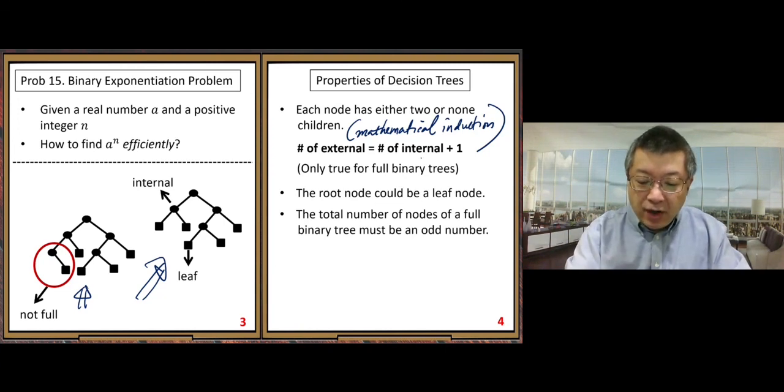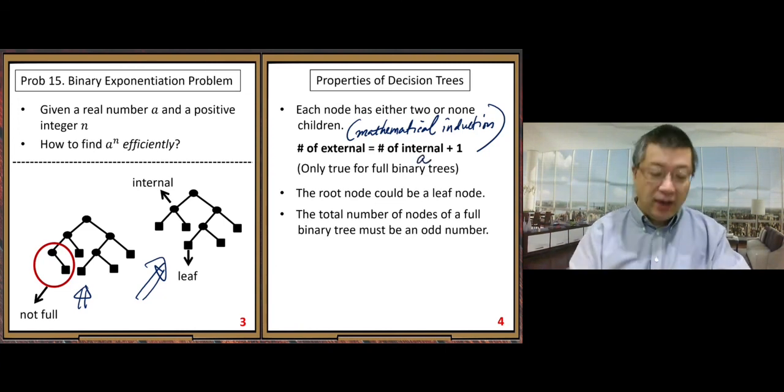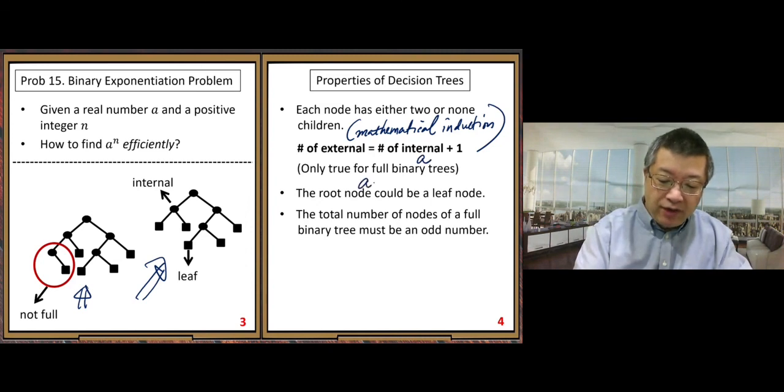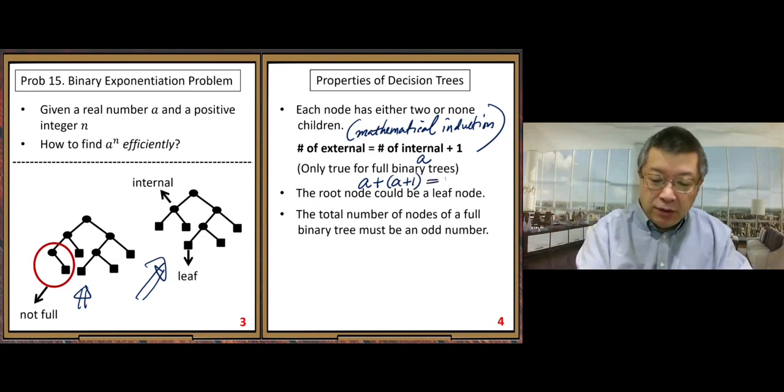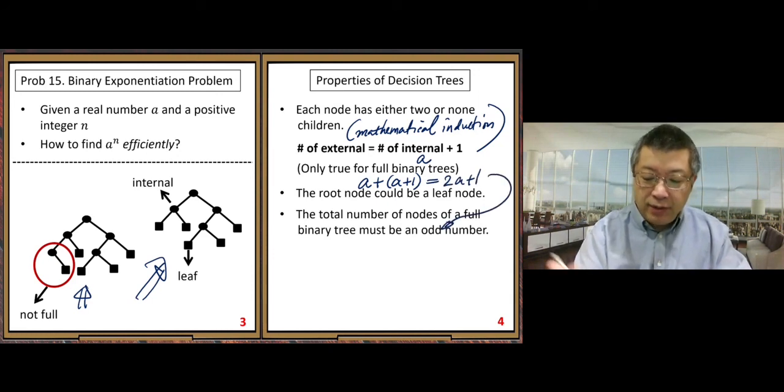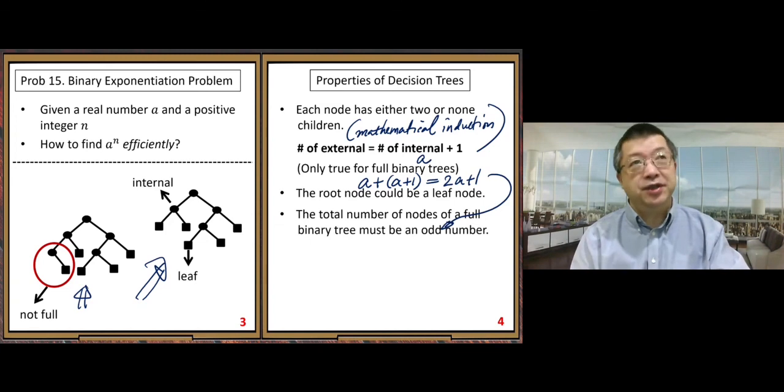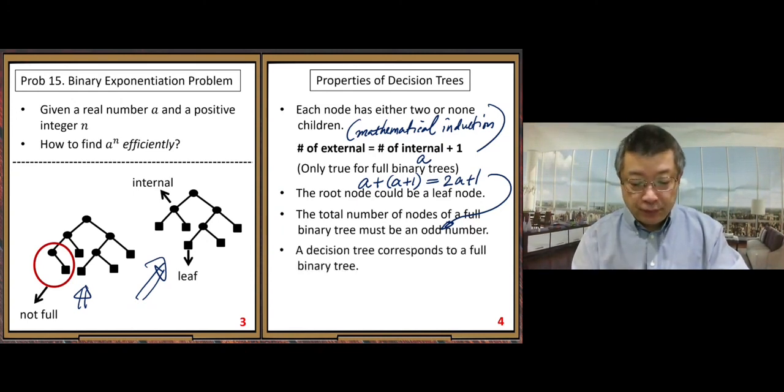Suppose the number of internal nodes is A. The total nodes is the number of internal nodes plus the number of external nodes, and external equals A plus 1. Then you get 2A plus 1, and that is an odd number. So if you see a binary tree has an even number of nodes, one thing you can say, it is not a full binary tree. That's simple.